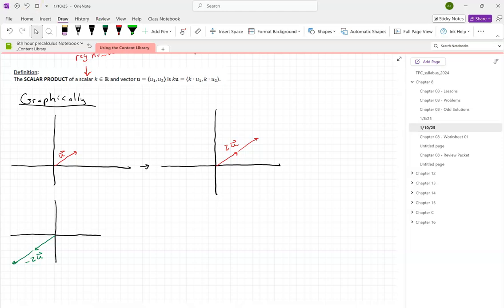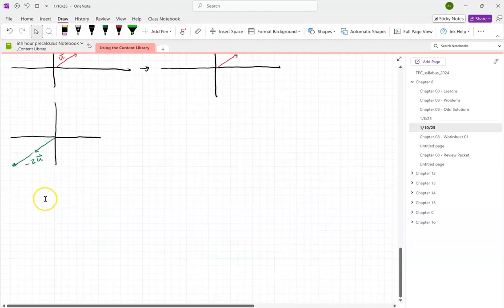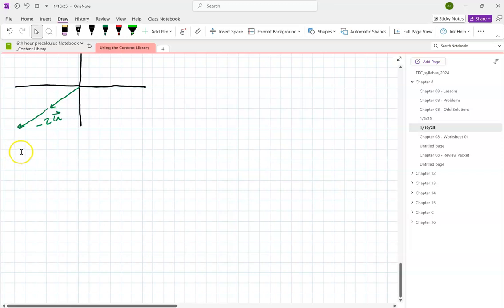All right. Let's do some numeric example here. Sound good? All right.